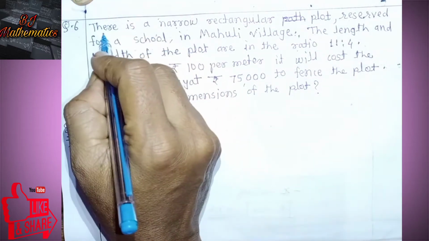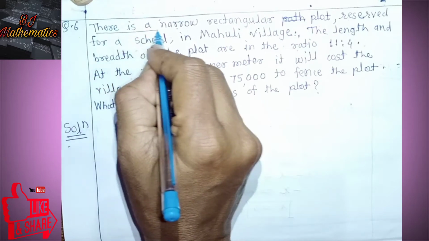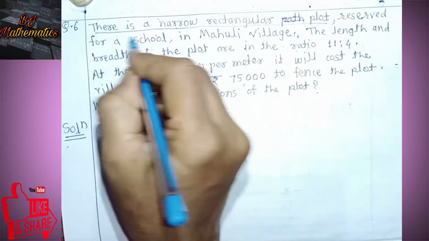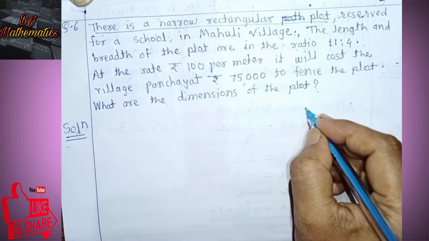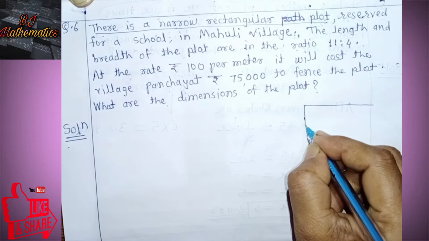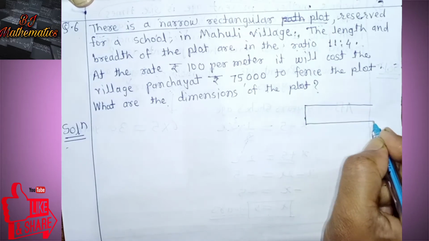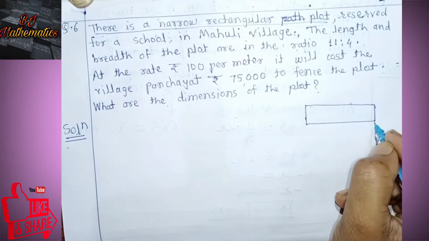First, there is a narrow rectangular plot. This is the plot, this is length and this is breadth.